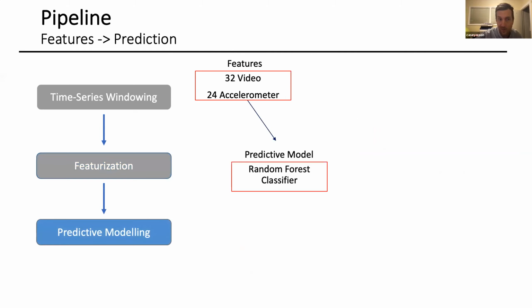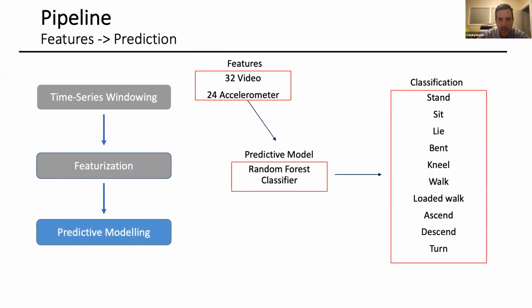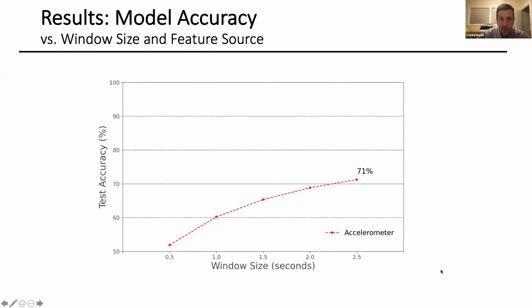I found the best one that worked was a random forest classifier. And then on unseen test data, I evaluated it by seeing how accurately it did classify these 10 movements and postures.